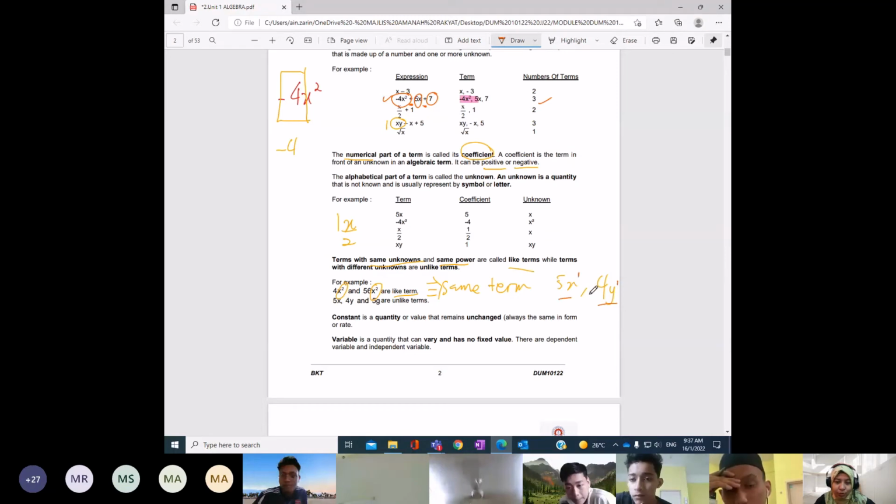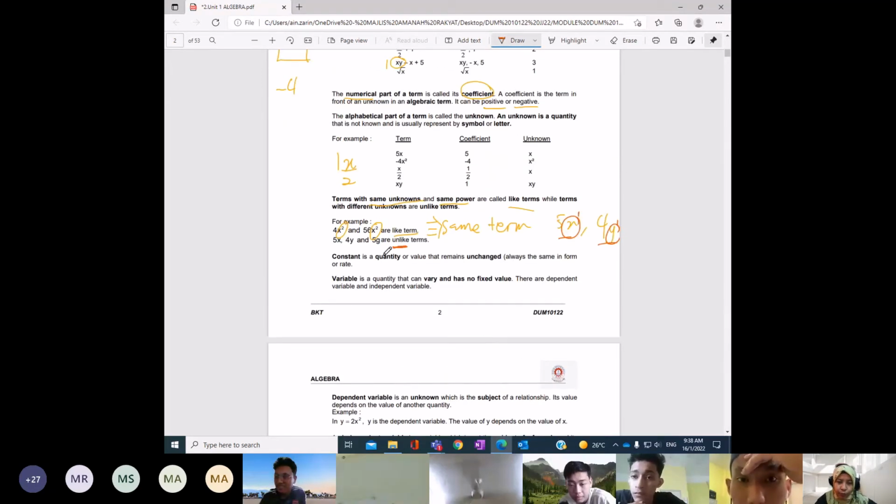Kalau dia tak tunjuk apa-apa, maksudnya x to the power of 1. Dia ada power tapi masalahnya apa? Different unknown. Different unknown. That is the meaning. Okay, that's why dia tak jadi like terms. Dia jadi unlike terms. Sebab apa unlike? Sebab satu x, satu y. Right?